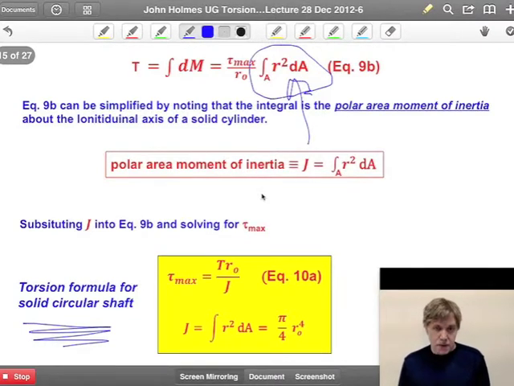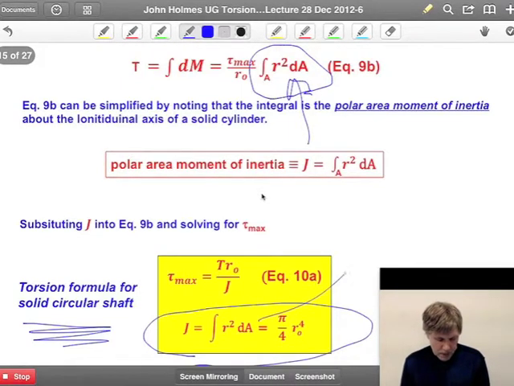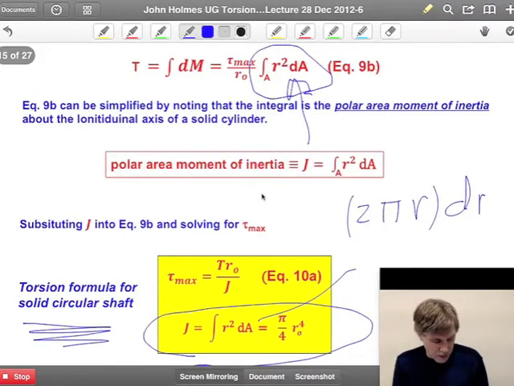You can prove J yourself: dA is just 2 pi r dr, and if you do the integration, you get J.